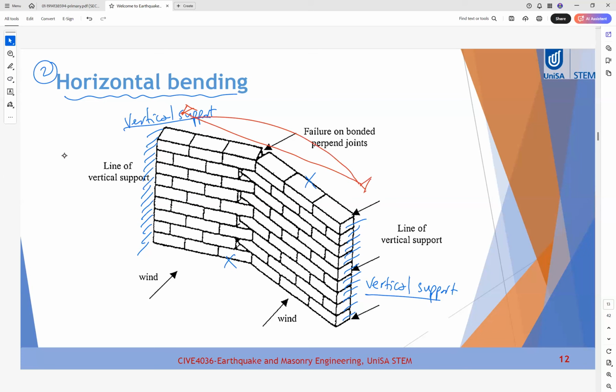When the wall bends in this direction, there will be failure at the middle of the wall. And because the wall is not very good in bending, we might have failure or cracks in the middle here.